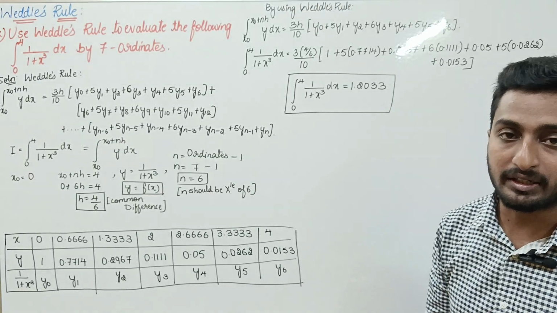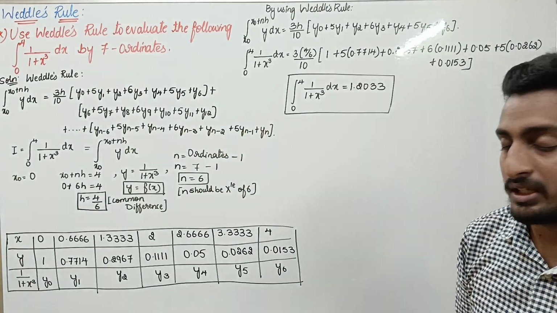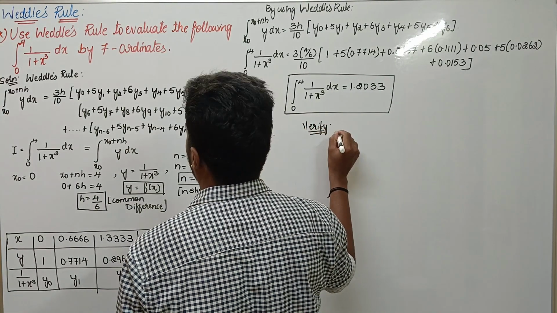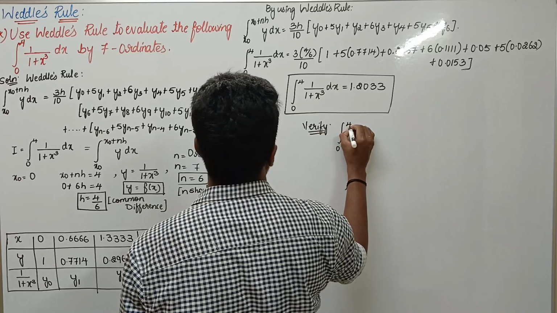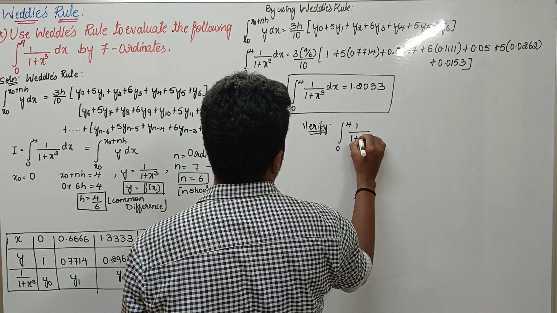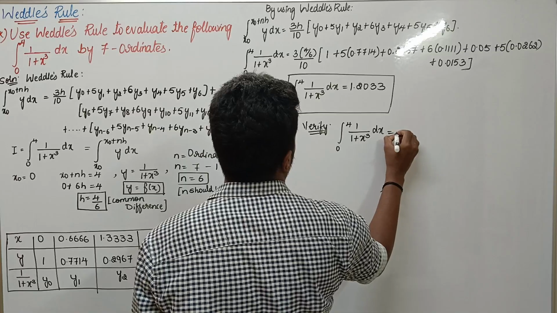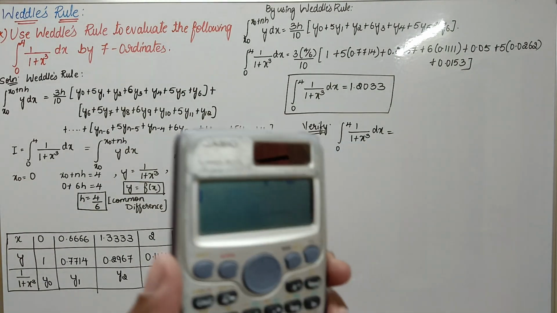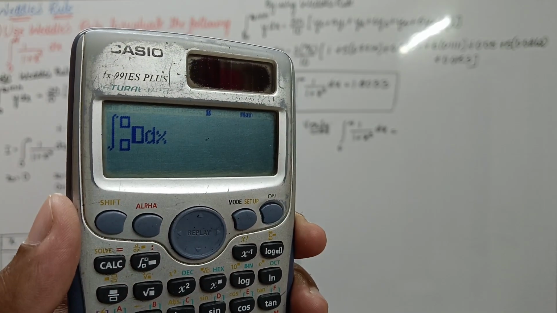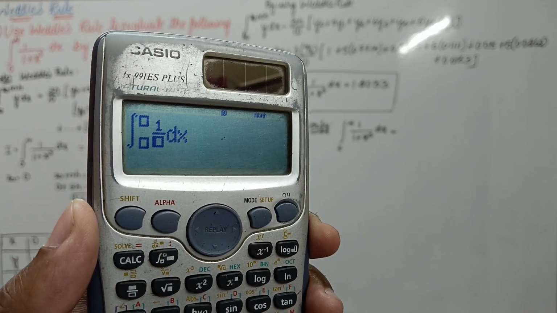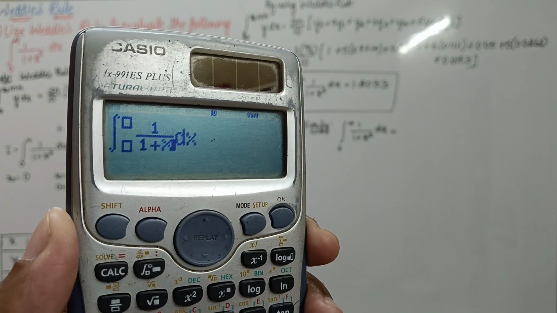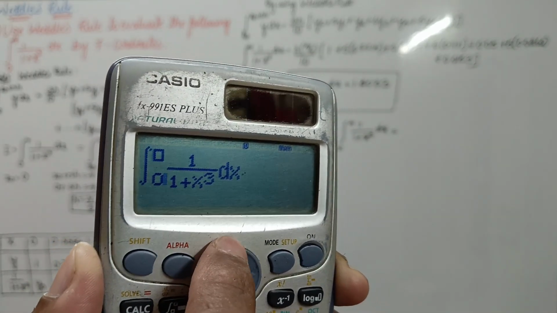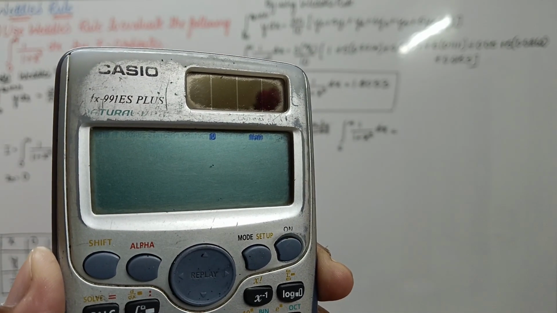Whether this value is correct or wrong, how to verify? By using the calculator we can verify the integral function. I am going to show you. Verify the integral from 0 to 4 of 1 divided by 1 plus x cube dx. Use the calculator, press the integral function, 1 divided by 1 plus alpha x, closing bracket, shift cube, lower limit is 0, upper limit is 4, press equals.